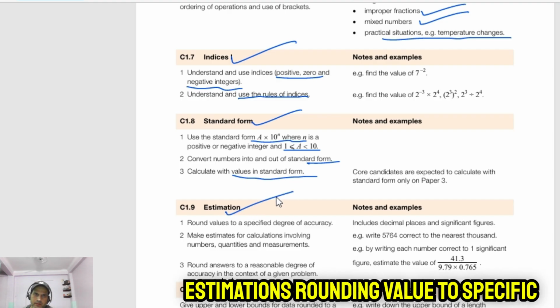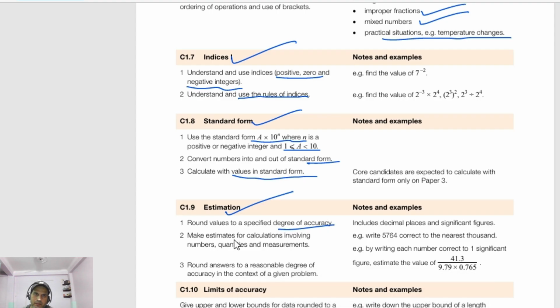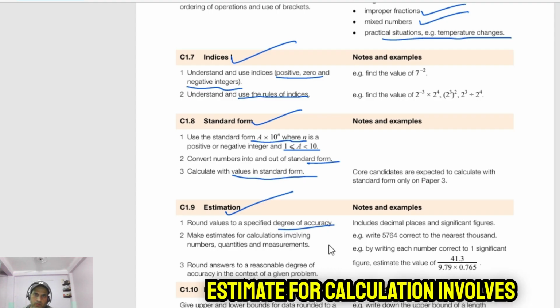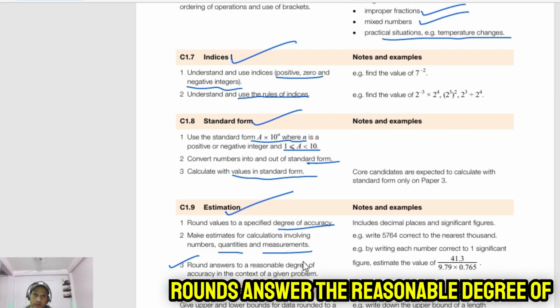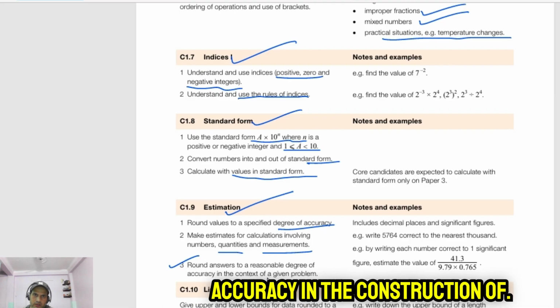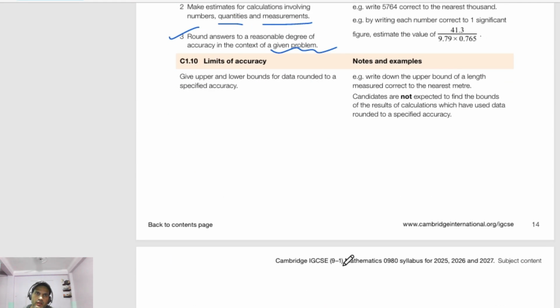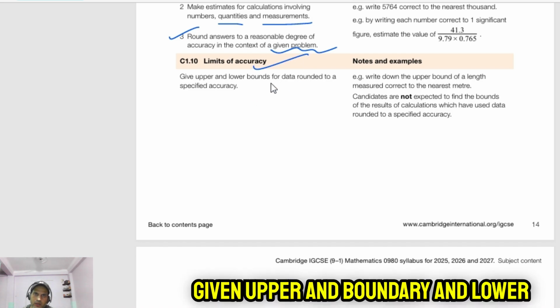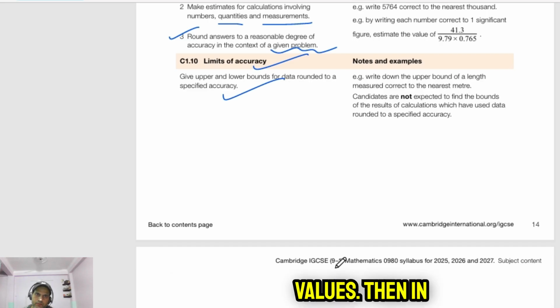Then estimation: rounding values to a specific degree of accuracy. Make estimates for calculations involving numbers, quantities, and measurements, and then round answers to a reasonable degree of accuracy in the context of given problems. And then limits of accuracy: given the upper bound and lower bound of the data, round to specific values.